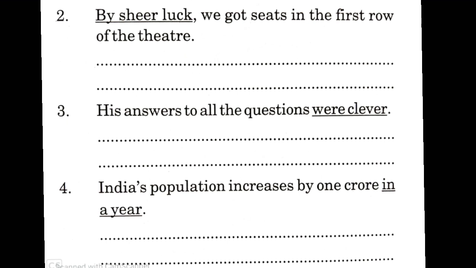Third, his answers to all the questions were clever. Now we have to change this sentence also. So the sentence will be, he answered to all the questions cleverly. Fourth, India's population increases by 1 crore in a year. Answer, India's population increases by 1 crore annually.